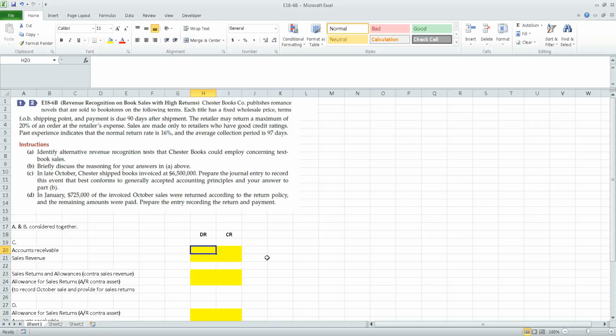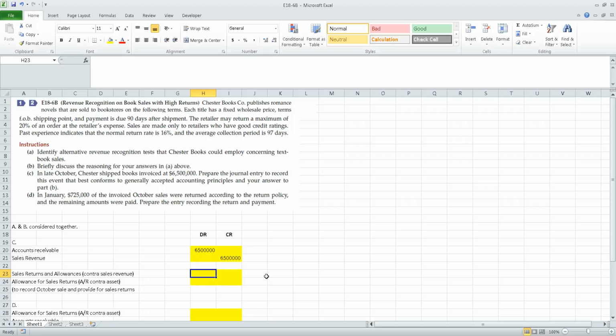So we're going to debit accounts receivable $6,500,000 and credit sales revenue $6,500,000. That's the entry to book the sale. Now the next part of the entry that we need to make at the time the sale occurred is to estimate the future amount of sales returns and book that as well.